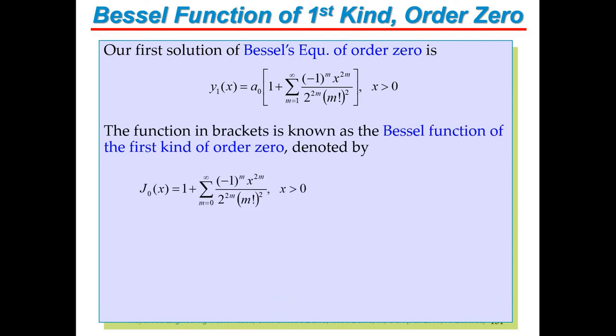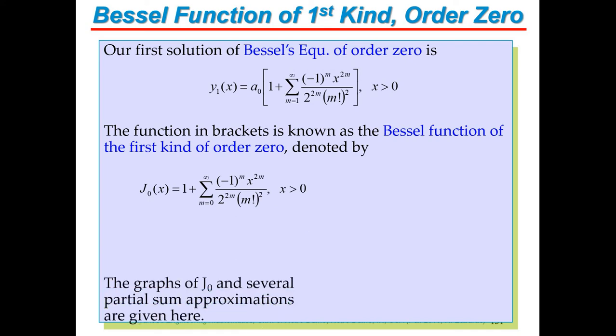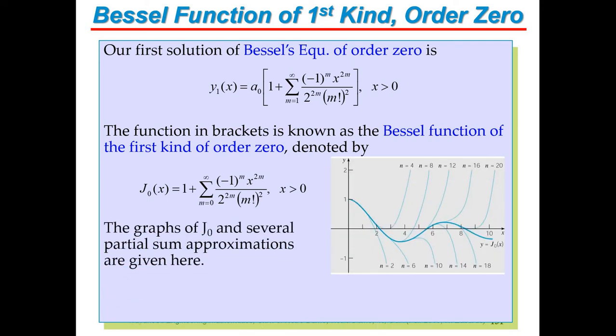So let me give you this with some notation. So this is the Bessel function of the first kind of order 0, 1 plus this summation. And if you want to see this function with a plot, it looks like this darker line on this plot.